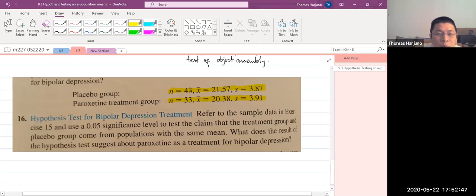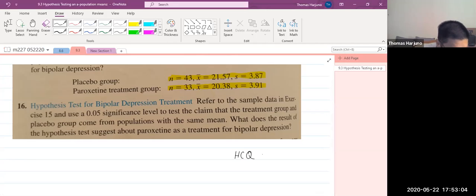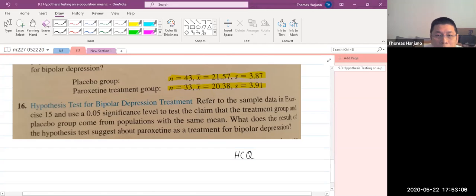Okay, now you remember the case of our president once mentioned hydroxychloroquine for the COVID medicine. A lot of our media actually says there's no evidence.